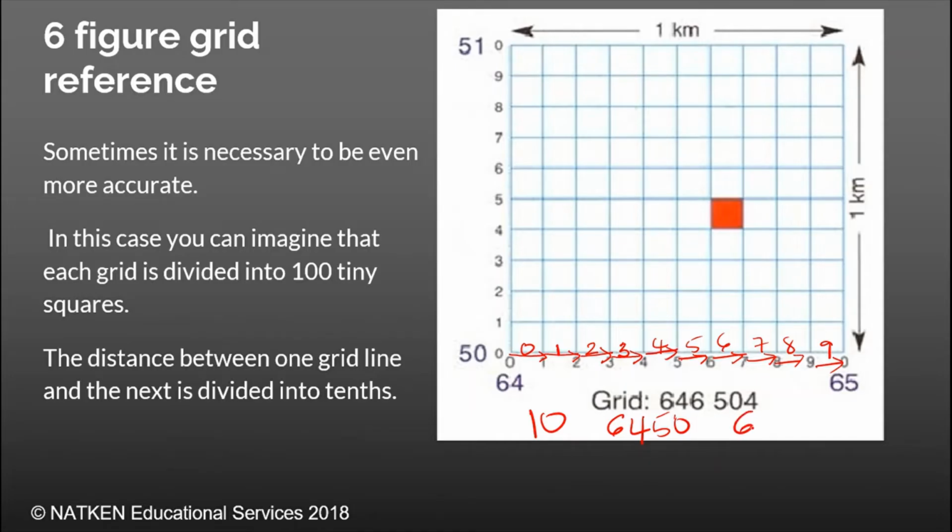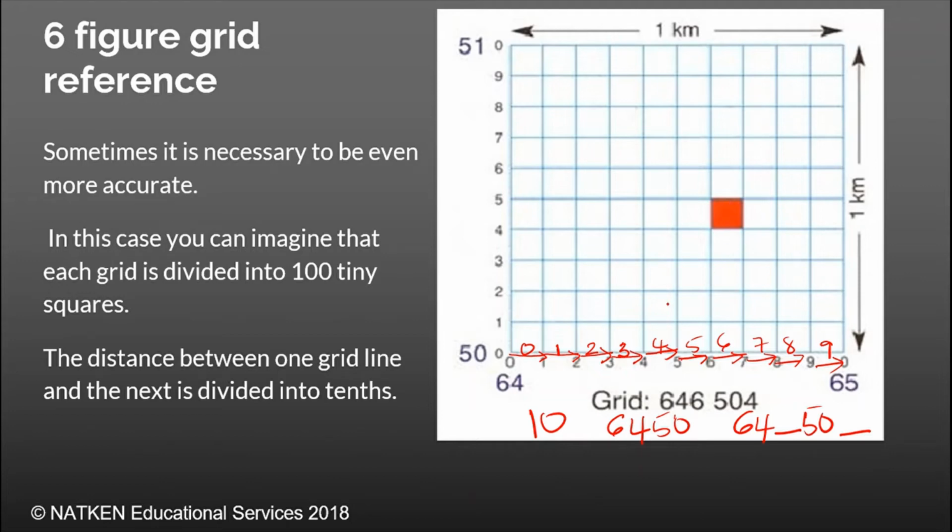So we have 64. For our easting, we leave a space because we're going to write down another number. And then we have 50, and we leave a space because we're also going to write down another number.